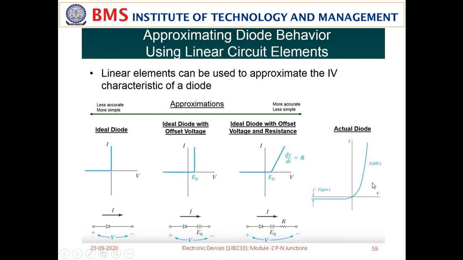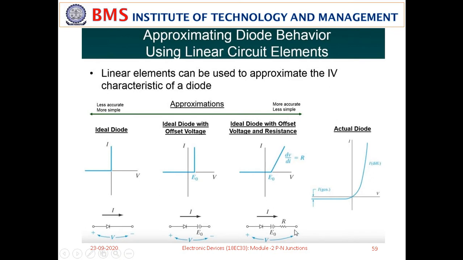It takes a lot of time to identify what elements you need to add to match the exact characteristics, but researchers keep doing their work by adding and removing elements to try to match the model characteristics with the actual characteristics. These experiments will keep on going. But from our syllabus point of view, this is the last, most accurate and least simple kind of model.